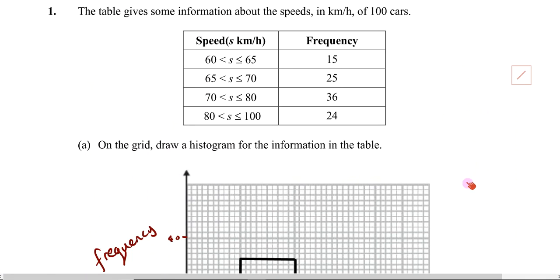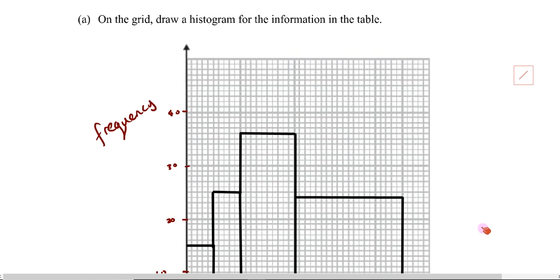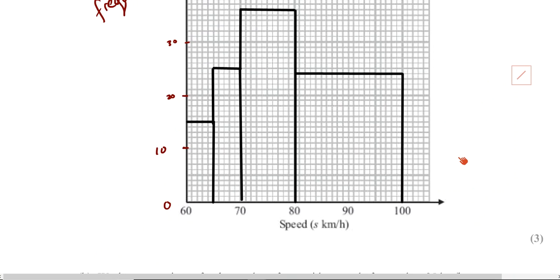Okay, so it says the table gives some information about the speeds of 100 cars. Which is the smallest group here? Which class interval has the least in it?